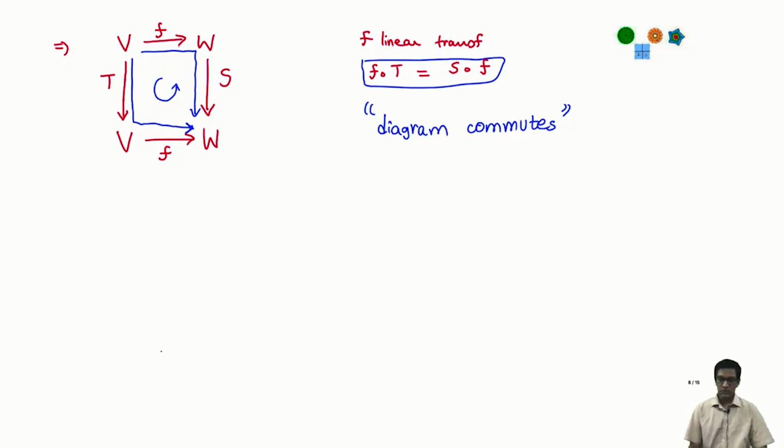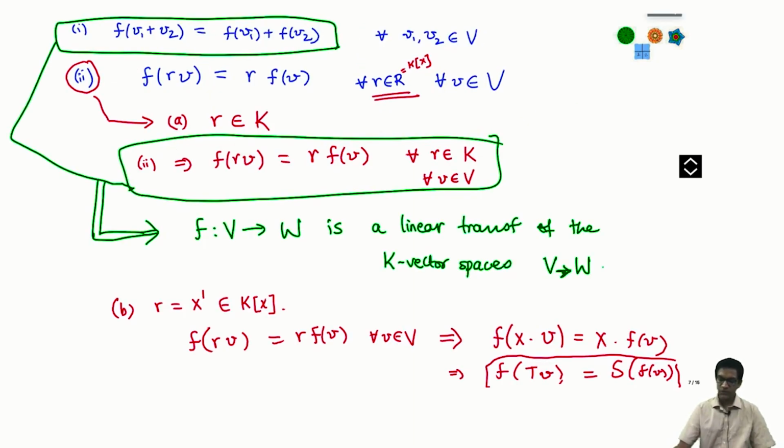Okay, so this is really what a homomorphism is between two kx modules. We have concluded that it must be a linear transformation which makes this diagram commute, such that f composition T is the same as S composition f. Of course you can say that we still haven't used the full force of the hypothesis. We only plugged in r to be a constant and we took r equals x power 1. What about other polynomials?